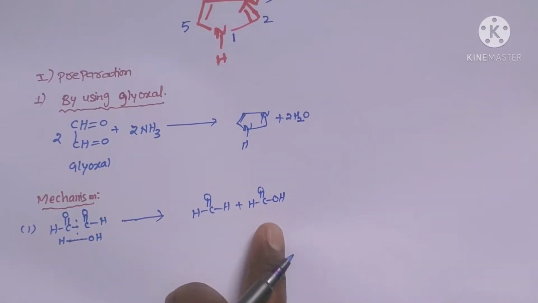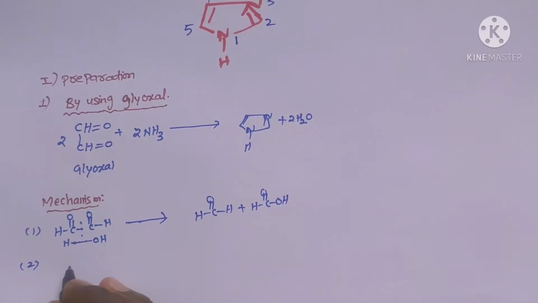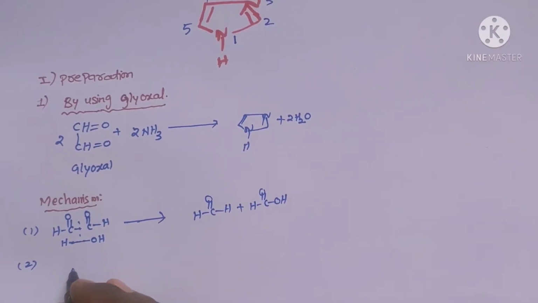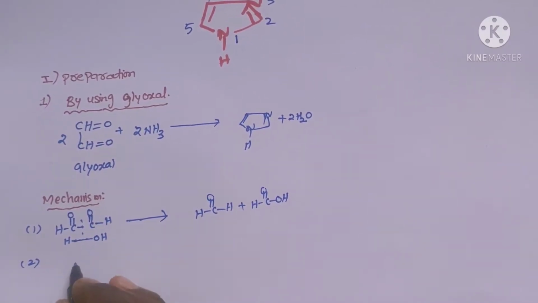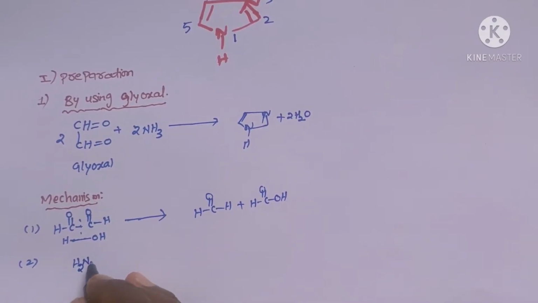Okay. In the second step, this formaldehyde reacts with ammonia and forms methyl diamine.